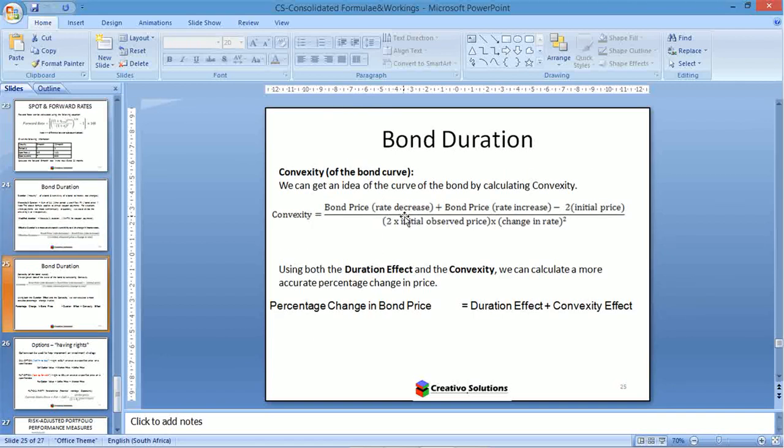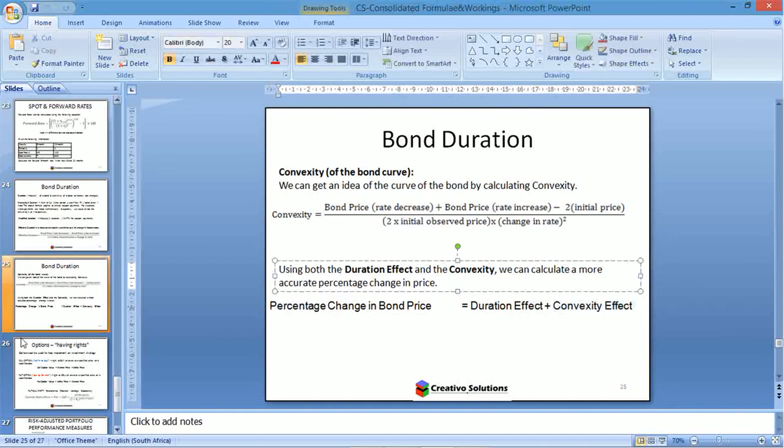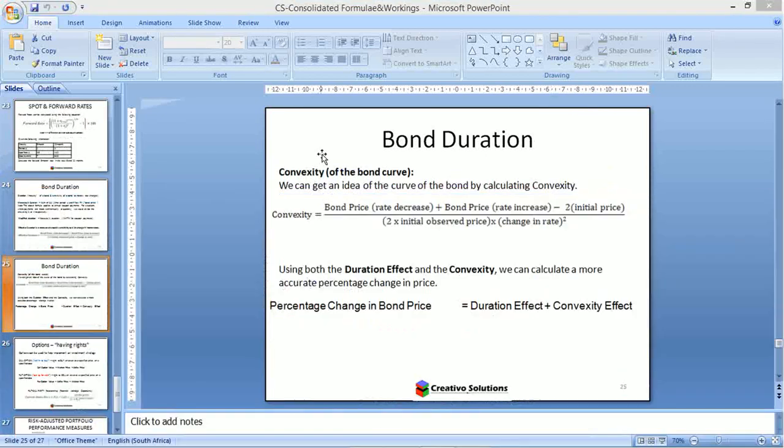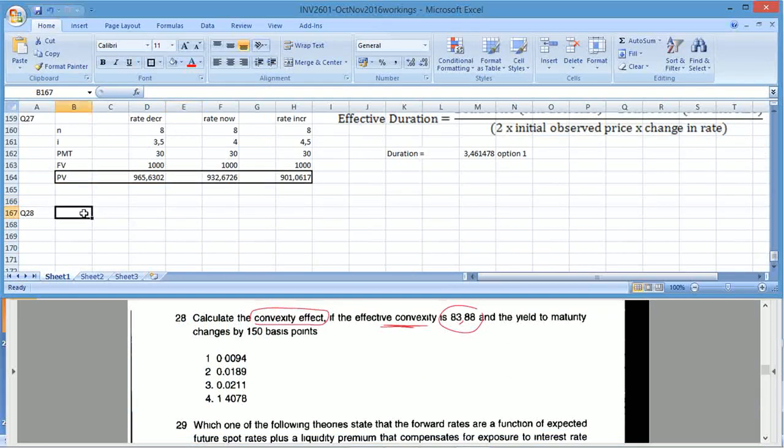Here it is, convexity. I'm looking at the convexity effect, which is the convexity multiplied by the square of the change in rate. Let me go back to my working. The convexity effect equals the convexity times brackets, the change in rate squared.